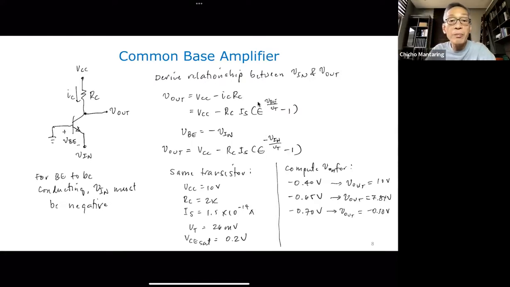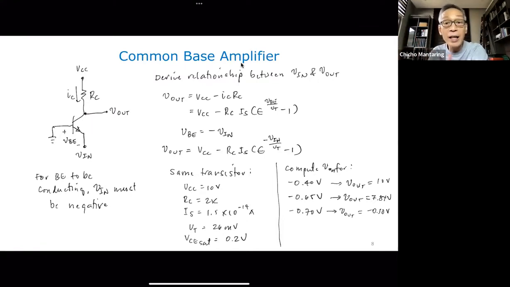Okay, actually, yung sagot ng isa sa inyo, V in plus 0.2 is correct, ano? You have minus 0.7 plus 0.2 is equal to minus 0.5. So that's also correct, no? Okay, why? What is going to happen here?